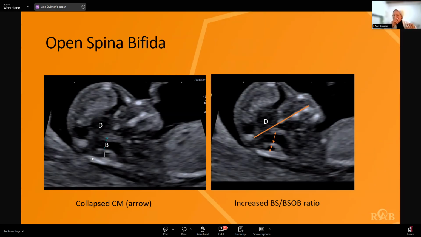Obviously, in that sagittal plane, we're looking for absence of the nasal bone and an increased nuchal translucency. But we're not looking at the fetal brain to make a diagnosis of trisomy. We're just looking to see whether we think that brain looks normal or not. And if you find that it doesn't look normal, then you look carefully through the rest of the fetus to see if there are any other features of chromosome abnormalities that might be present.